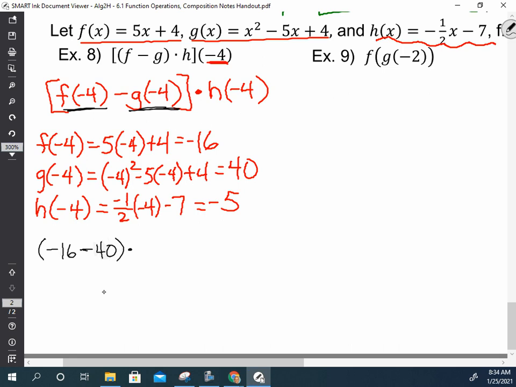Times h of -4 was -5. So order of operations, -16 minus 40 is -56. -56 times -5 gives you positive 280. Check my calculations there.